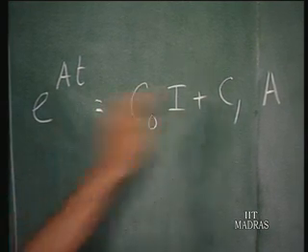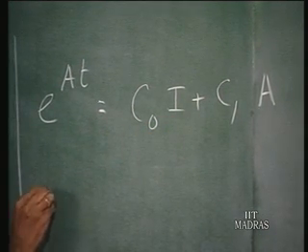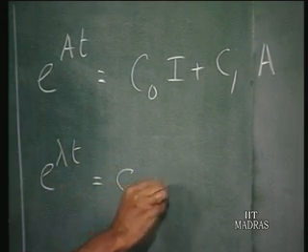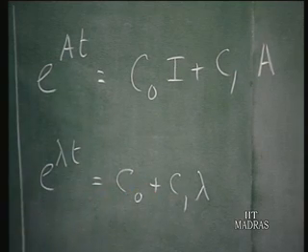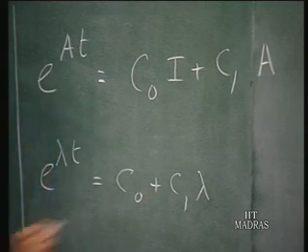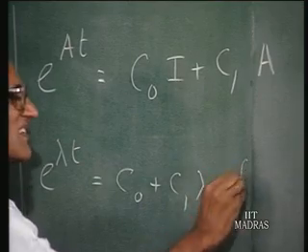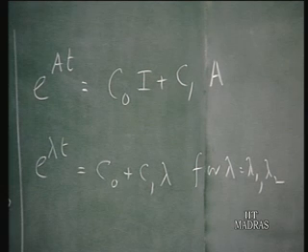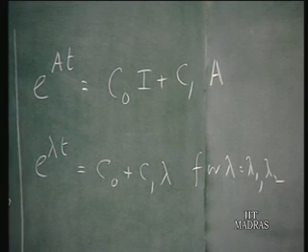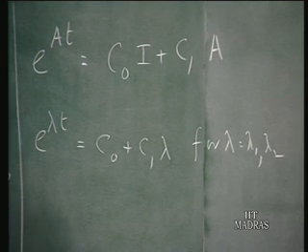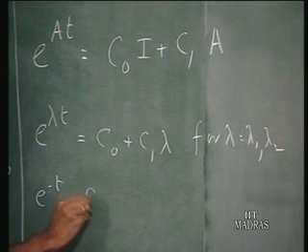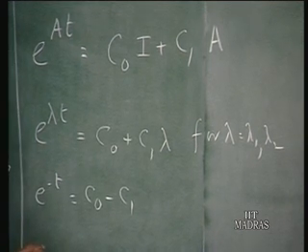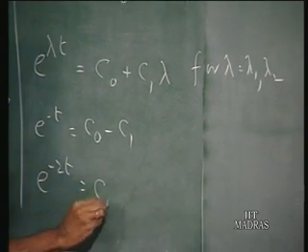To evaluate c0 and c1, we go back to the scalar equation. E power lambda t will be equal to c0 plus c1 lambda, and this is not an identity; this is valid only for lambda equals lambda 1 and lambda 2. So only for those particular values of lambda is this equation true. So we substitute those values. Lambda 1 is minus 1, therefore e power minus t equals c0 minus c1, and lambda 2 is minus 2, so e power minus 2t equals c0 minus 2c1.